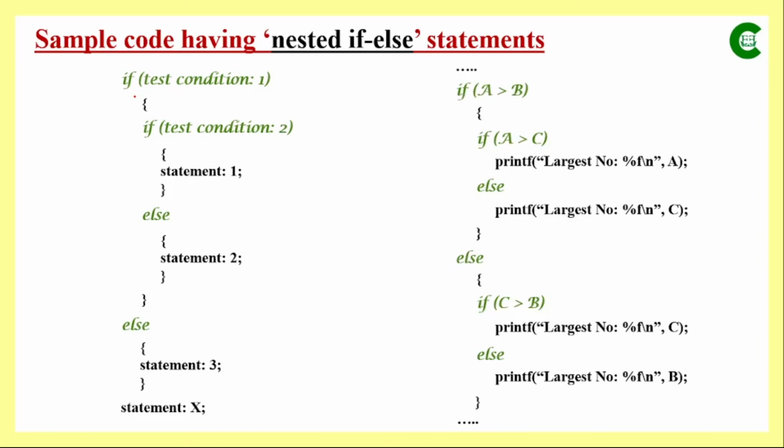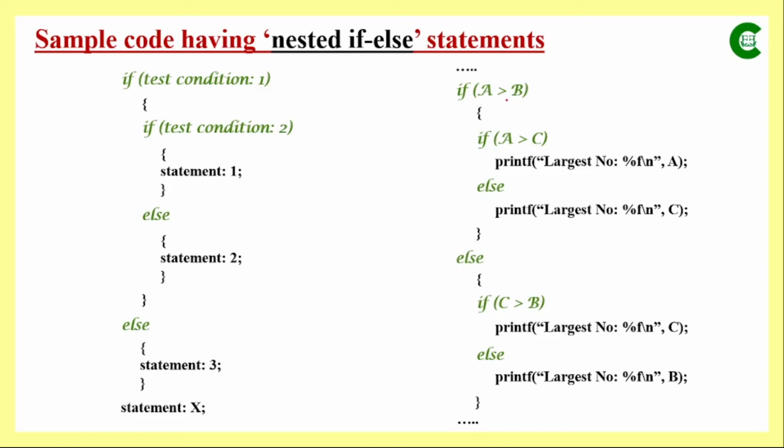Now this is a sample piece of program where we are checking which number is largest among A, B and C. So before this we have a few lines of code as per the format of the C program, the declaration part and all, and after that the program flow comes here. Now we are checking if variable A is greater than B or not.